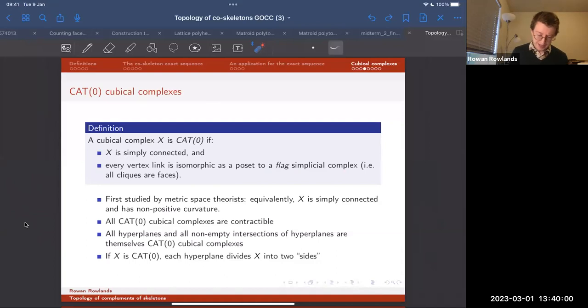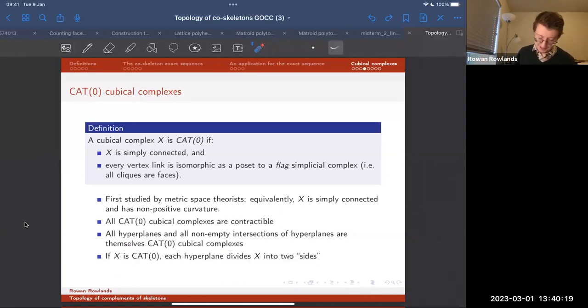The reason for the name CAT(0) is that the CAT bit is the initials of some metric space theorists. I think it's Cartan, Alexandrov, and Toponogov. I might have got that wrong. The reason why CAT(0) spaces are a thing that people consider is because of metric space theory.